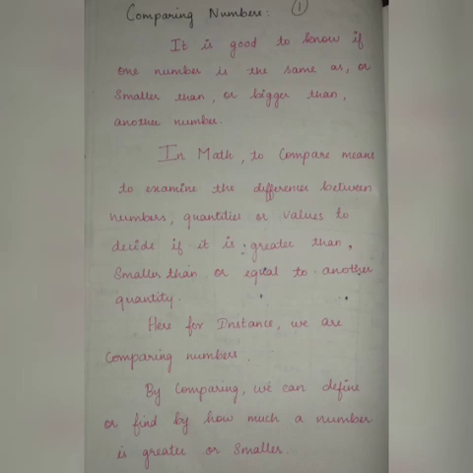Actually, we are going to find the differences between two numbers, and by that value we are going to judge whether that value is less than our value or greater than our value or equal to our value. This is what our comparing means. So we are going to compare the numbers.